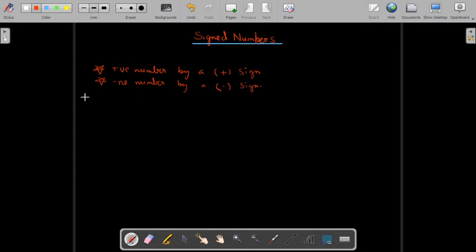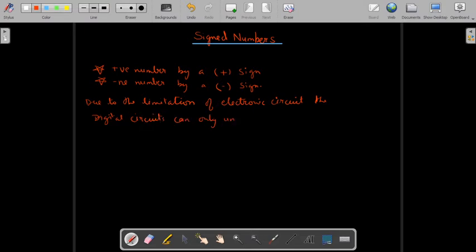But due to the limitations of electronic circuits, the digital circuits can only understand a 0 or 1.